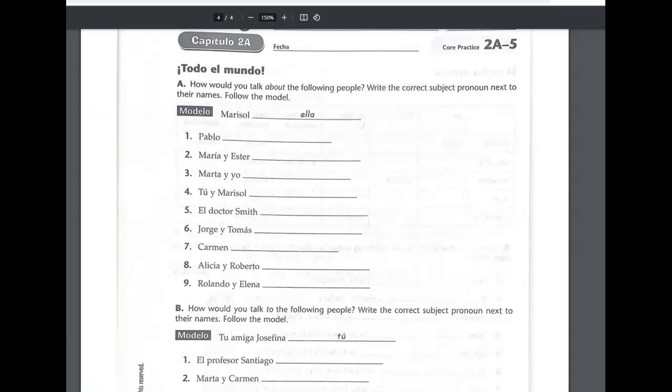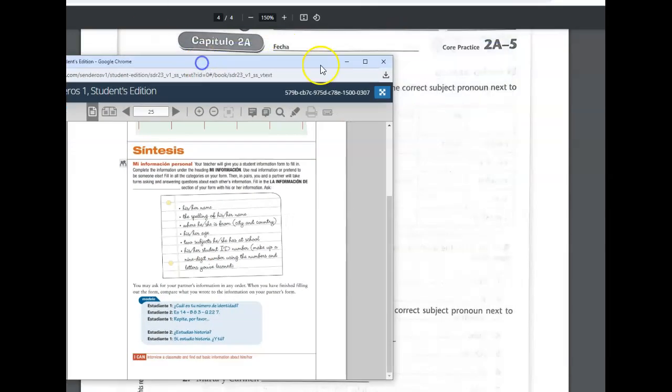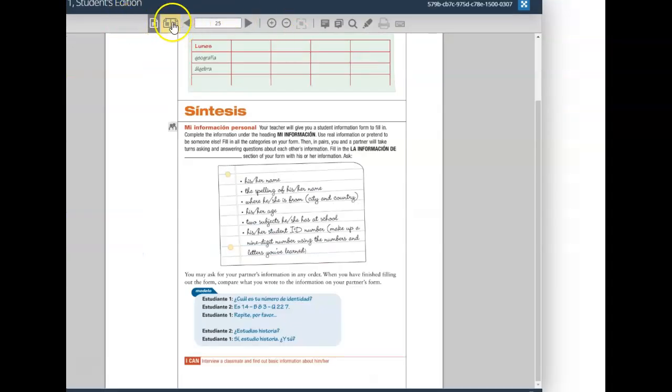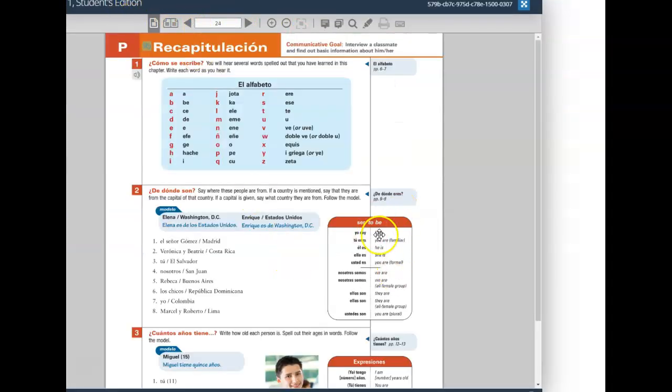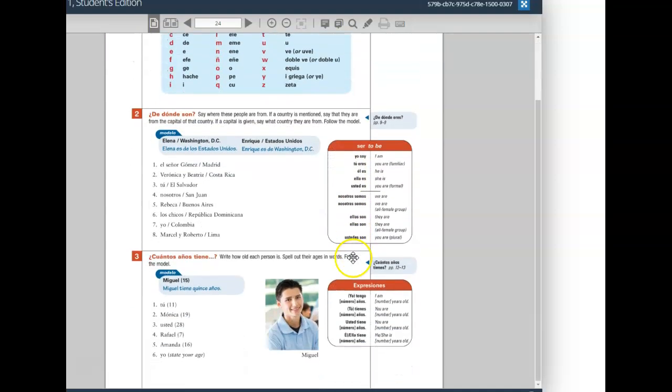If you guys go to page 24 in the textbook, you have the subject pronouns here for the verb ser and for the verb tener. Subject pronouns in Spanish are yo, I, tú, you, you familiar, you casual, él, he, ella, she, usted is you formal when you're talking to someone politely.